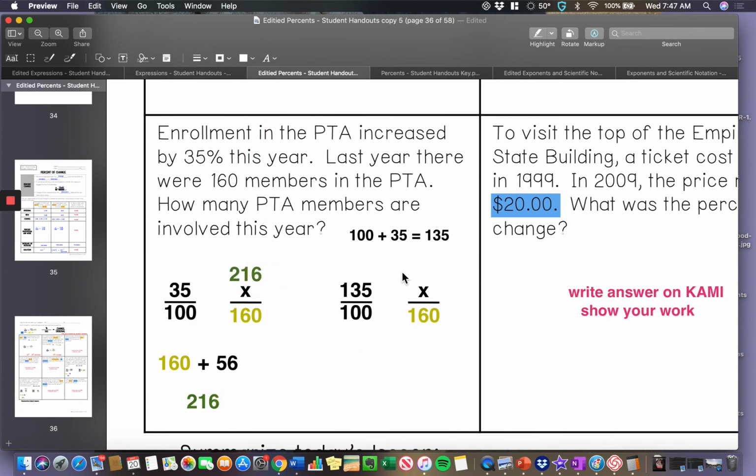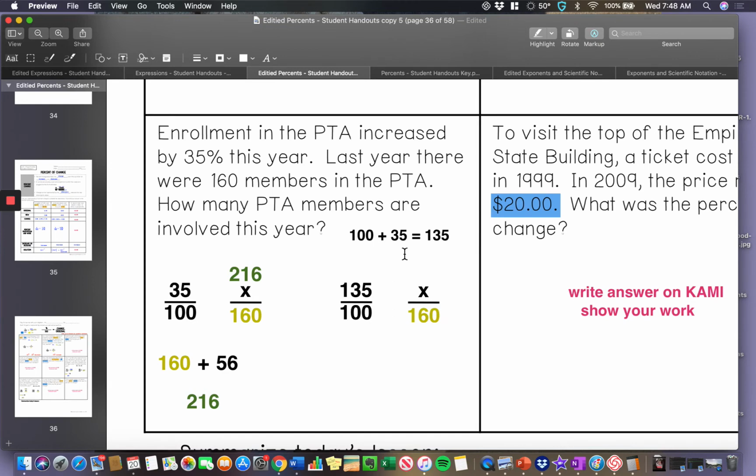Okay? Now, on the other side of things, I had 100% from last year, which was 160, but I've increased that percentage. So actually, my percentage is going to end up being 135%. And you can have more, right?